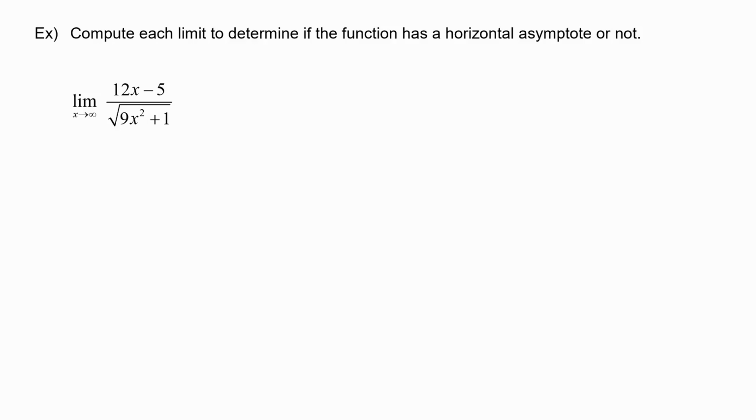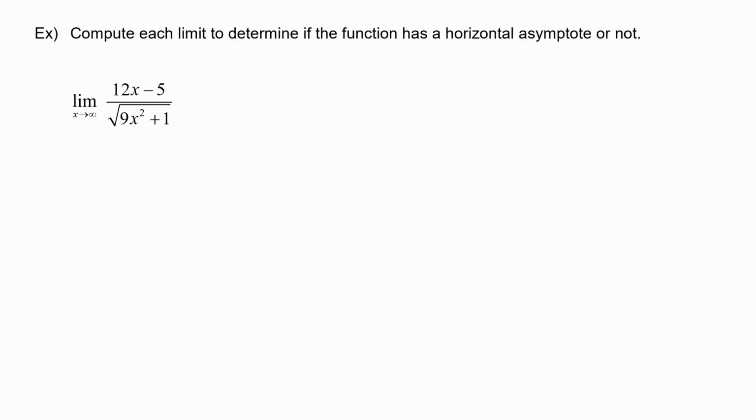In this example, we have to compute each limit to determine if the function has a horizontal asymptote or not. Here, we have to find the limit as x goes to infinity of the quantity 12x minus 5 over the square root of 9x squared plus 1.